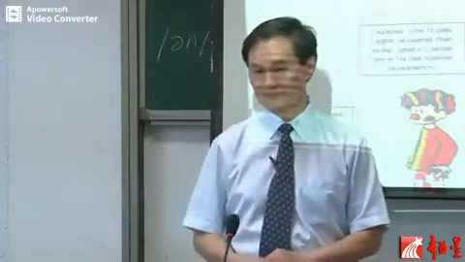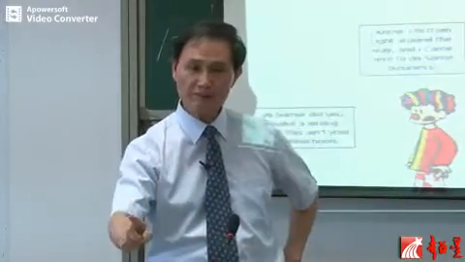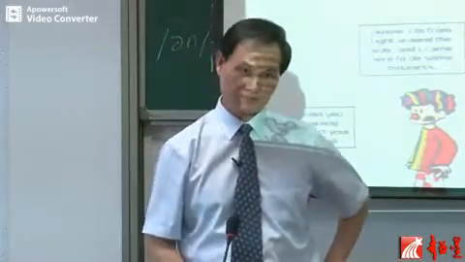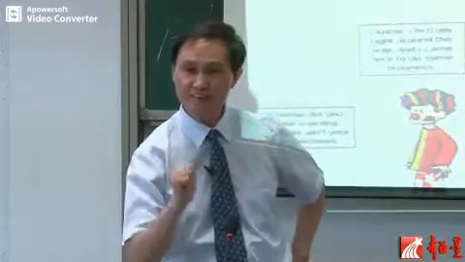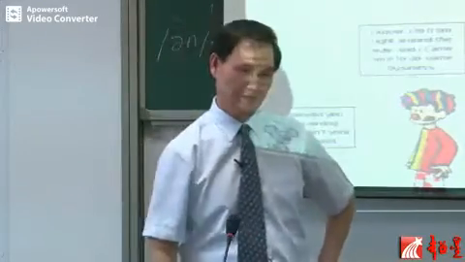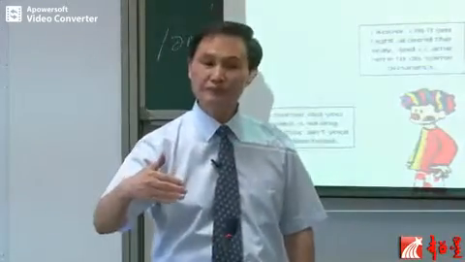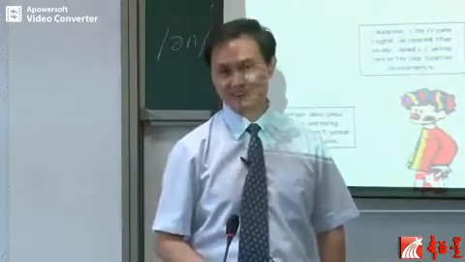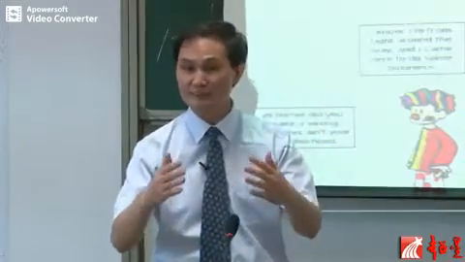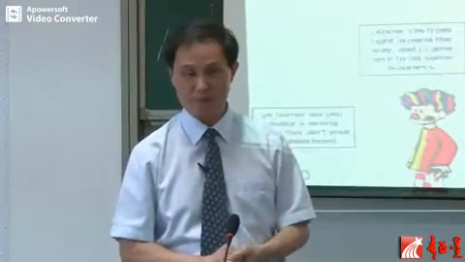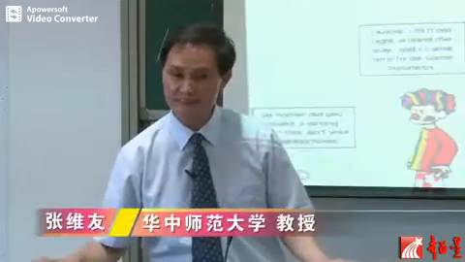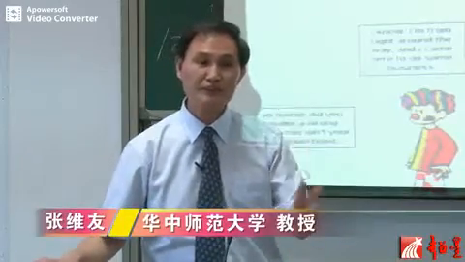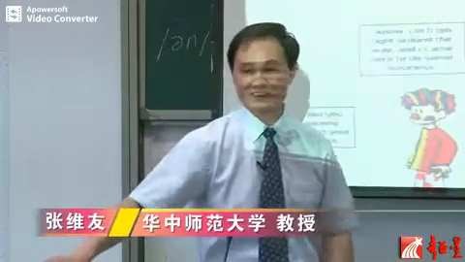Take for example, if your passive vocabulary is 6,000, your active vocabulary is how many? 2,000. If you know 10,000 words, that is passive vocabulary. So what is your active vocabulary? More than 3,000.